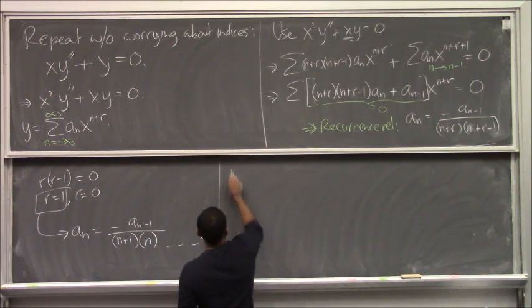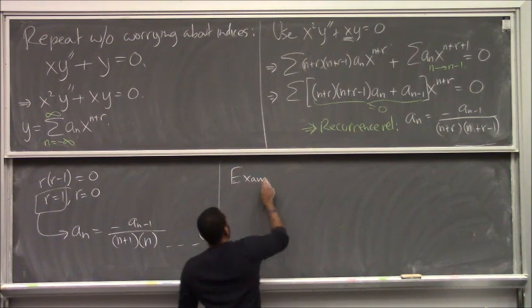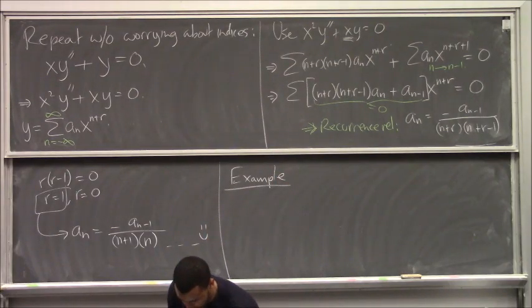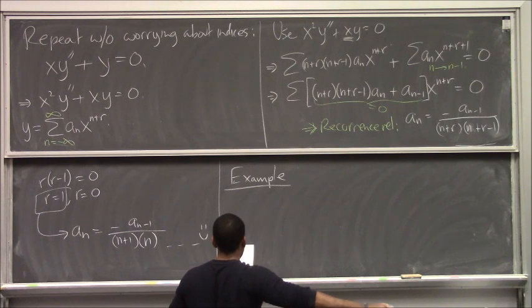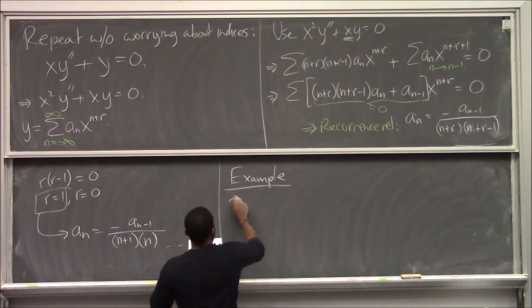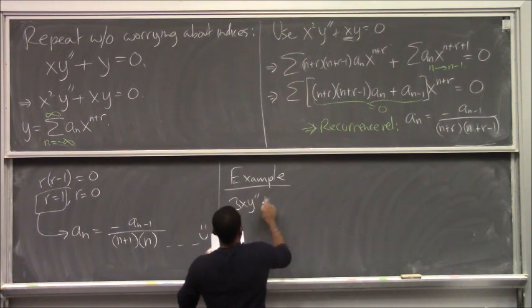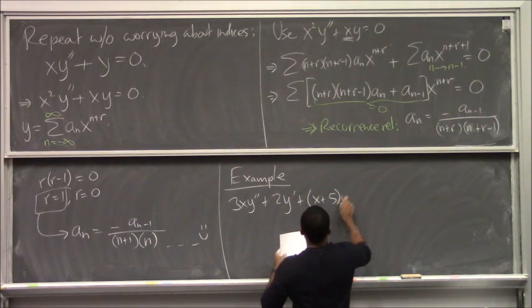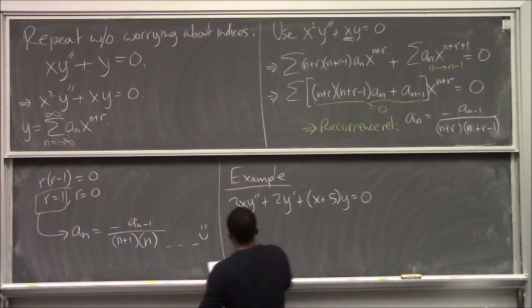Try this one on your own. I will look at it next time. So, 3xy double prime plus 2y prime plus x plus 5y equals 0.